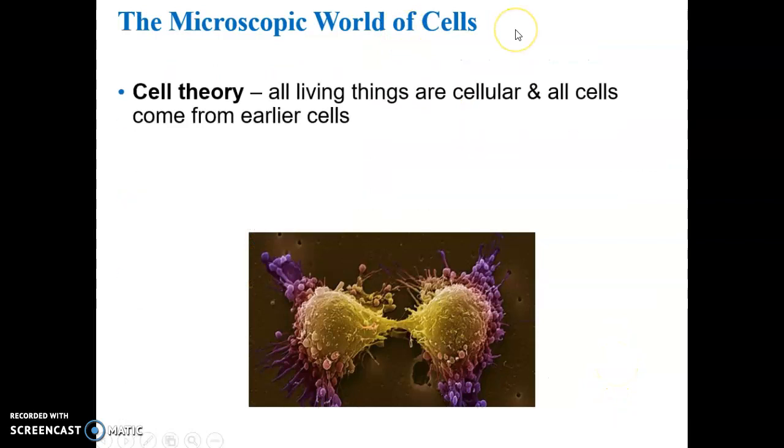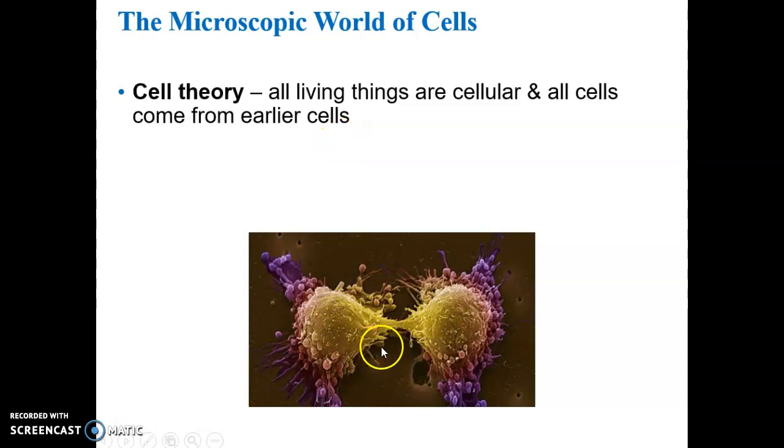Okay, so continuing on with cells. We have what's called cell theory. This is an established understanding in science that all living things are cellular, or anything that's alive is made up of at least one cell. Okay? And all cells come from earlier pre-existing cells. What that means is all of the cells in your body, for example, came from pre-existing cells that underwent cell division, like mitosis.